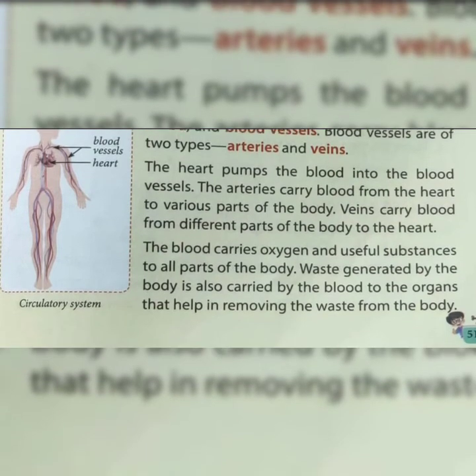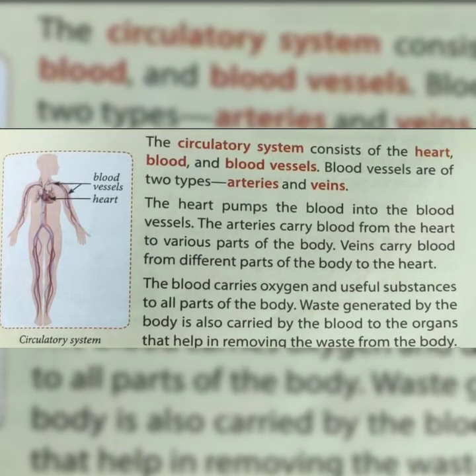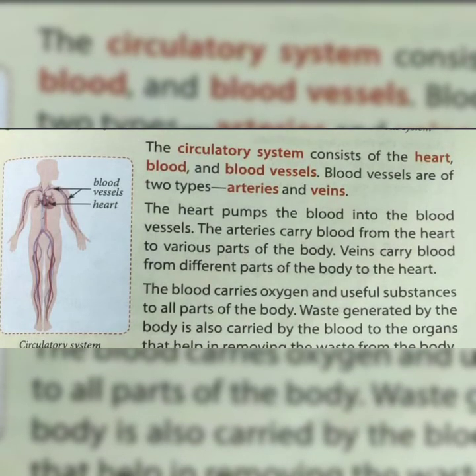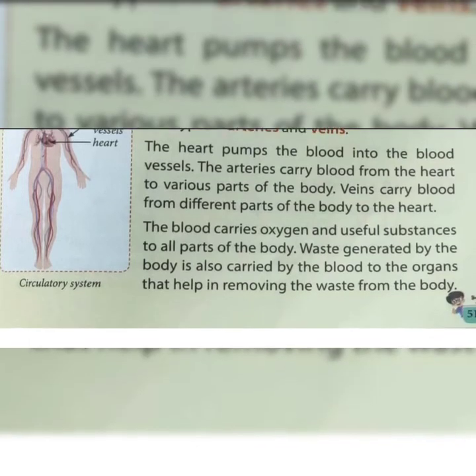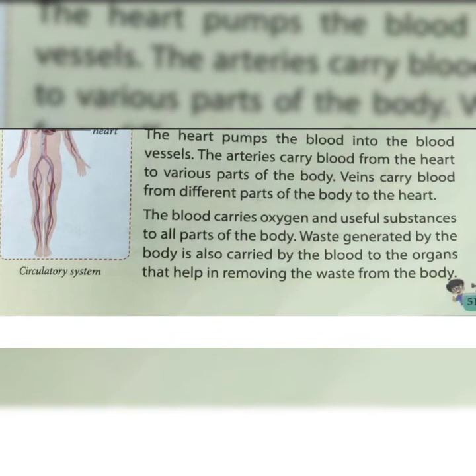The arteries carry blood from the heart to various parts of the body. Veins carry blood from different parts of the body to the heart. The blood carries oxygen and useful substances to all parts of the body.